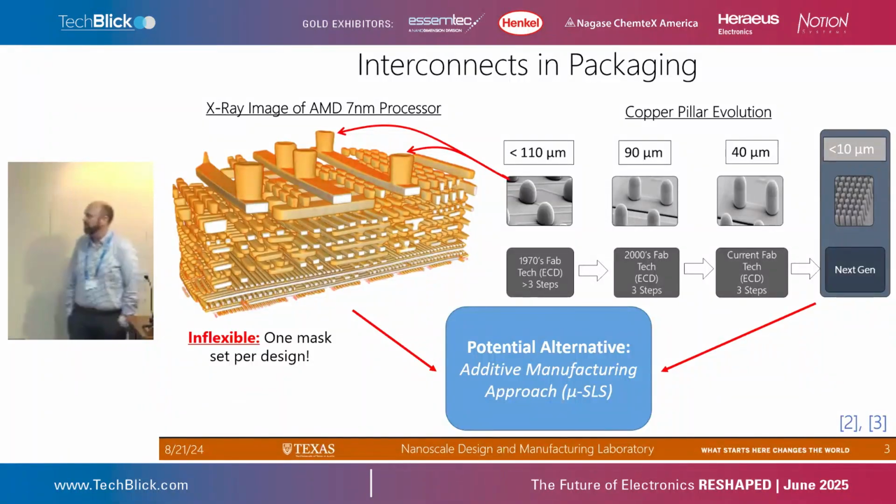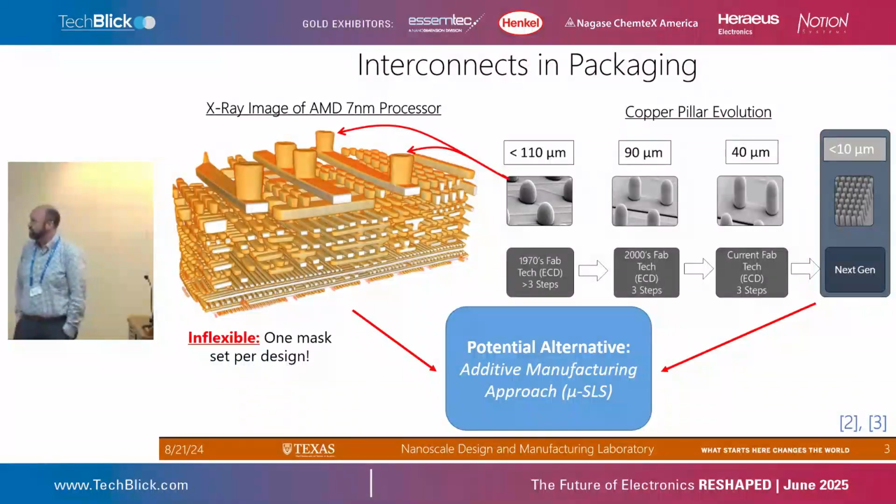What you see generally is if you make an interconnect structure like this AMD processor, you have all these layers of interconnects, and then at the top you have your bump structure. Generally, to make that bump structure, you're going to have one set of mask designs. That's a static mask design. You're going to do your patterning, fill that with a seed material, and electroplate up to build your bumps on top.